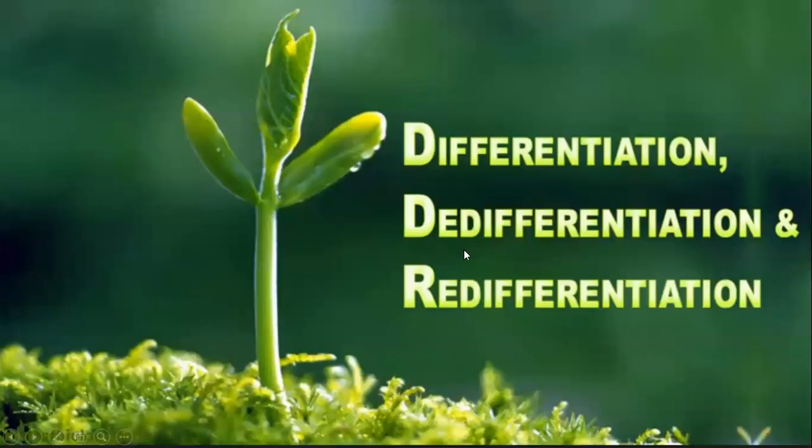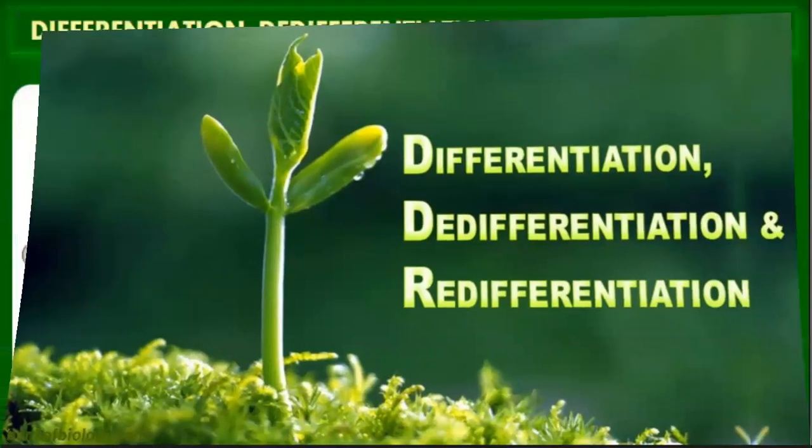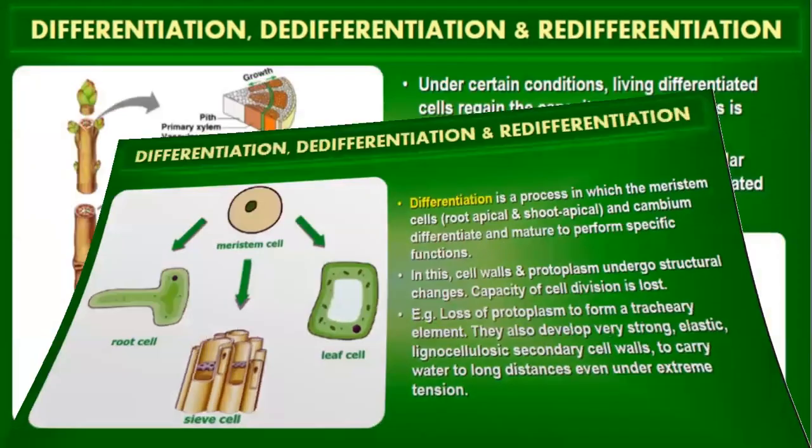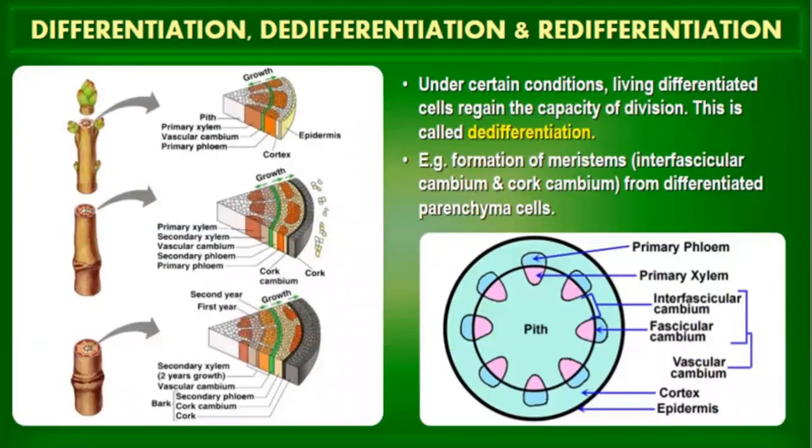In the last class, we started with differentiation, dedifferentiation, and redifferentiation. We discussed the definition of differentiation: it is a process by which the meristems and the cambium differentiate to perform specific functions. Then dedifferentiation, the condition in which living differentiated cells regain the capacity of division.